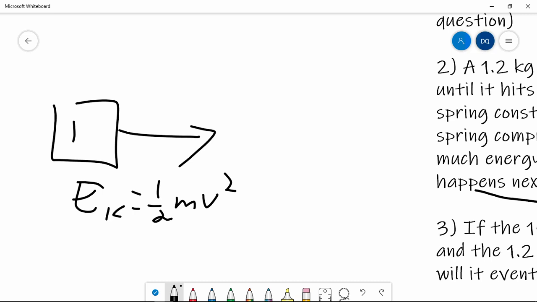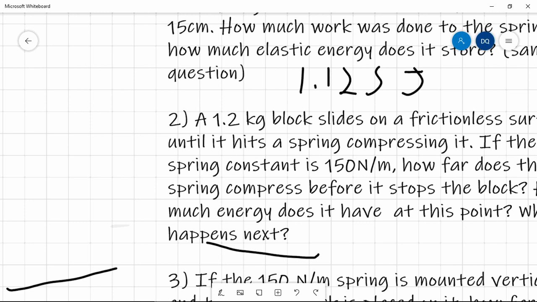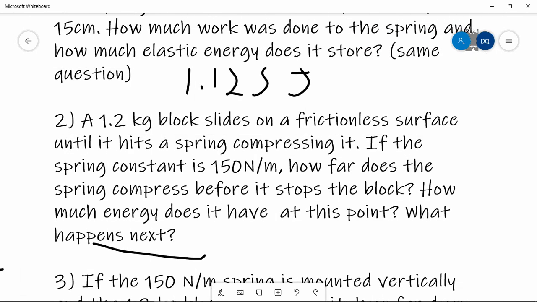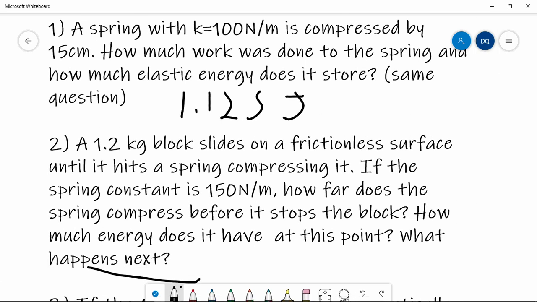And m is 1.2, and v is, I'm assuming it was given, v is not given, so this is not really a good question. Let's say that 1.2 kilogram block is sliding on a frictionless surface at 1 meter per second.